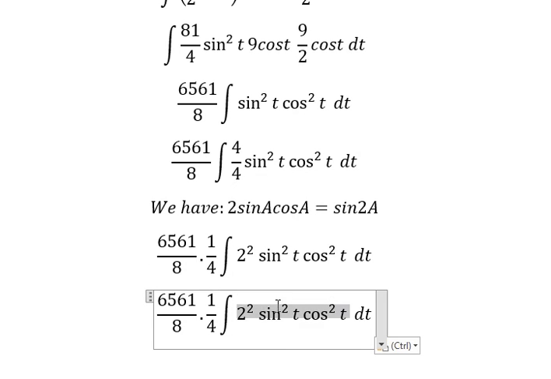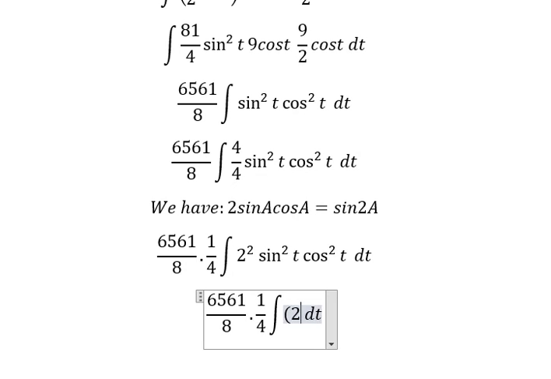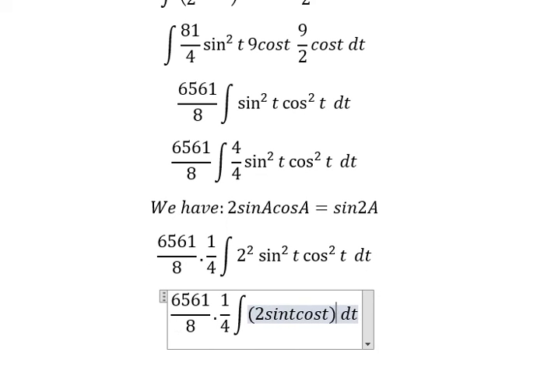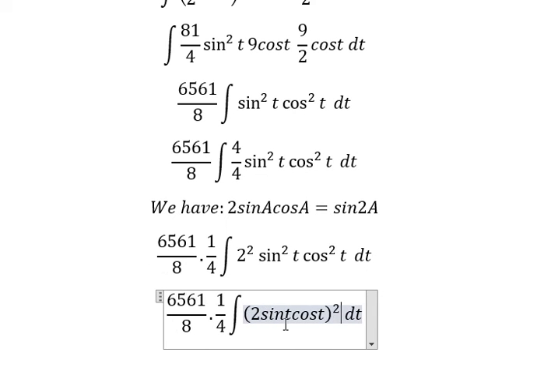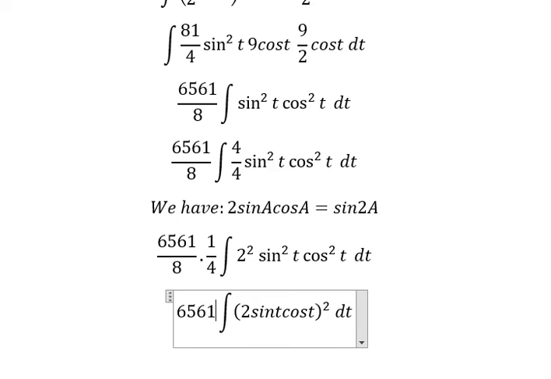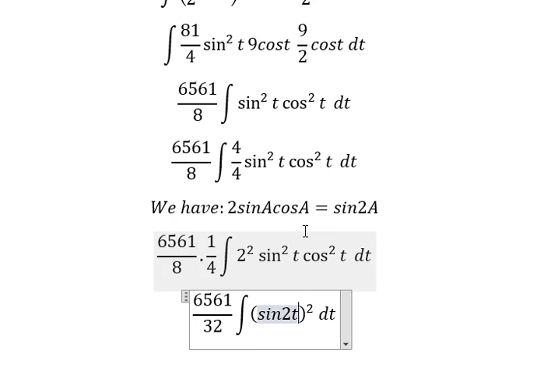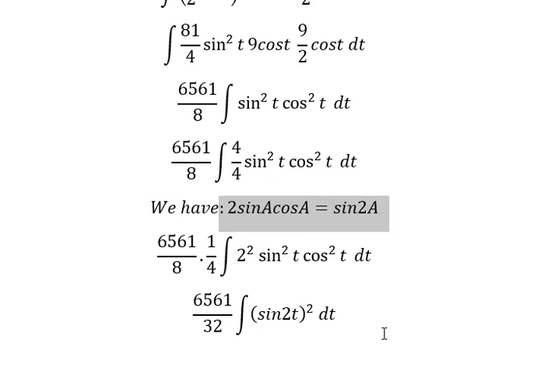So for this one, I can write 2 sine t cosine t, everything to the power of 2. This one, you get 6,561 over 32. This one we change by sine 2t, from this one in here.